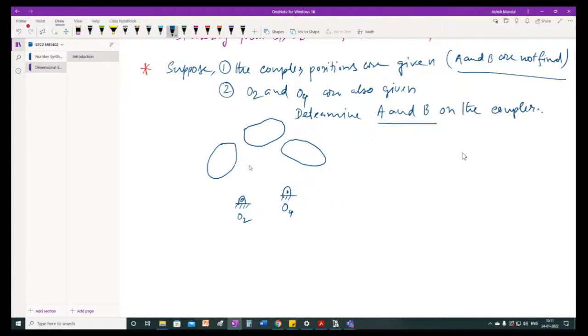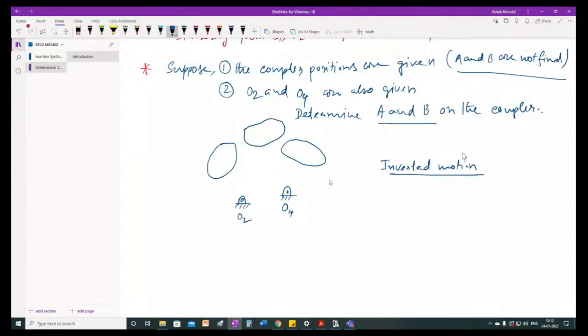Then how will you say which point on that circle is A? How do you know what that point is? Also, you need to ensure the position of B. That problem is solved using the inverted motion.